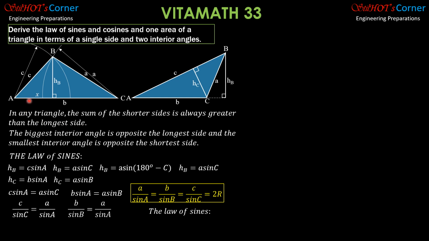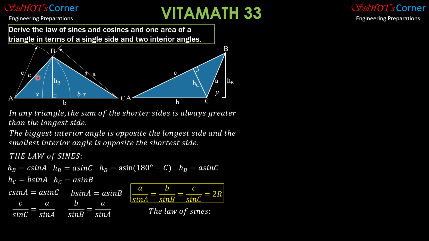So let's denote this side as x, and therefore this other side of this right triangle would be b minus x. From this right triangle, hb squared by Pythagorean theorem is c squared minus x squared. And by the way, in this triangle here, let's call this y.